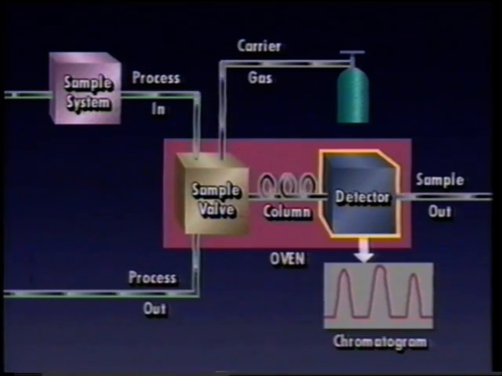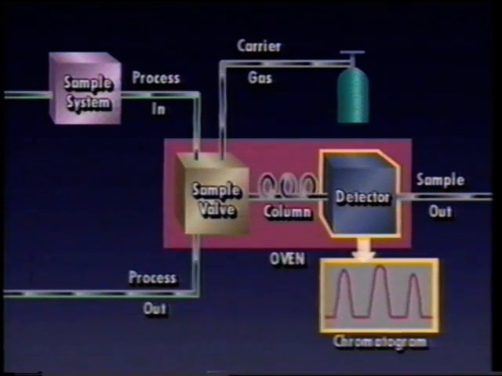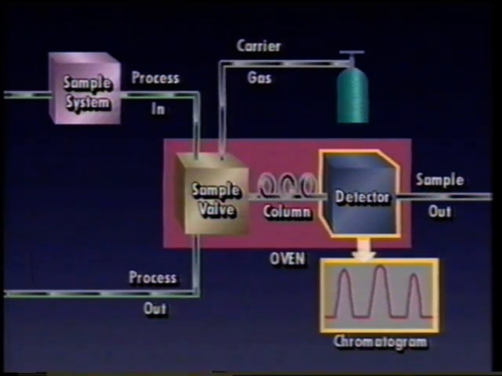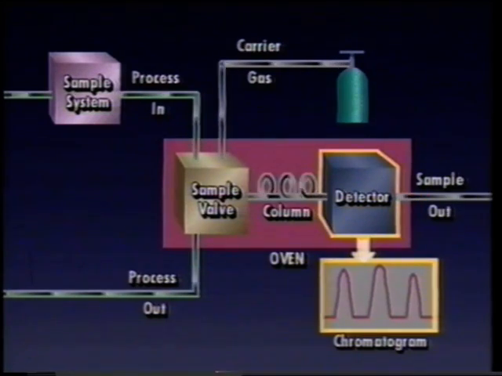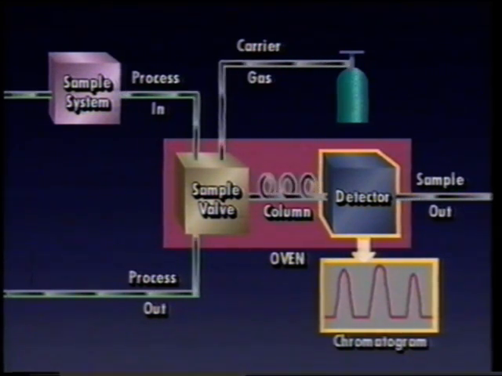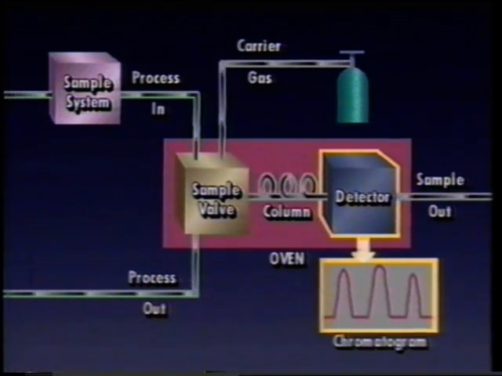The detector reacts to each of the components as they exit the column. Based on the reaction, the electrical section measures and records the type and quantity of each component in the sample stream. The sample injection valve, column, and detector are housed in the oven.